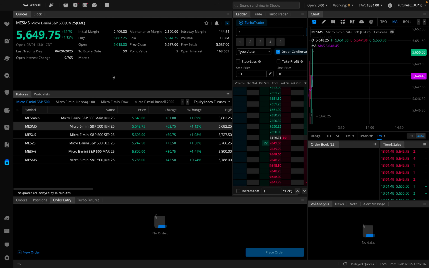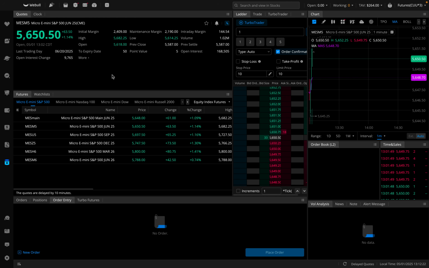To open a futures position, you only need a fraction of the contract's total value, which also makes trading futures very risky, right? You should know exactly what you're doing if you're trading futures. Otherwise, you could lose a lot of money.